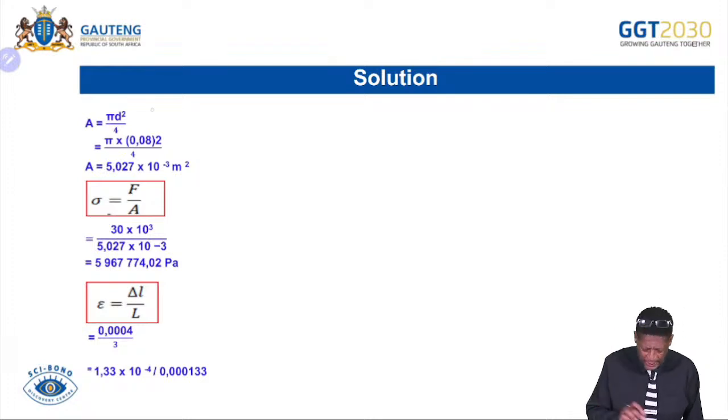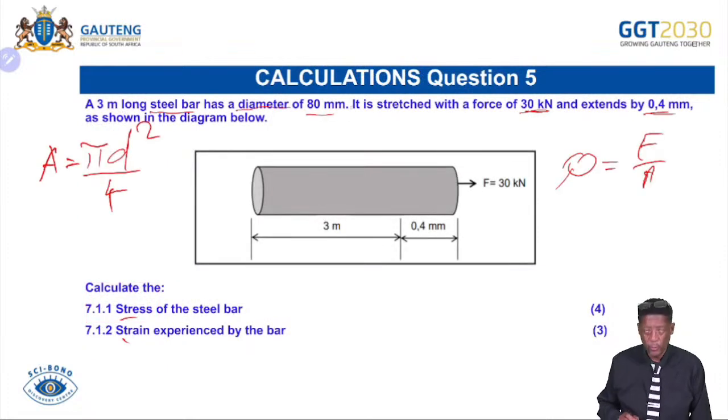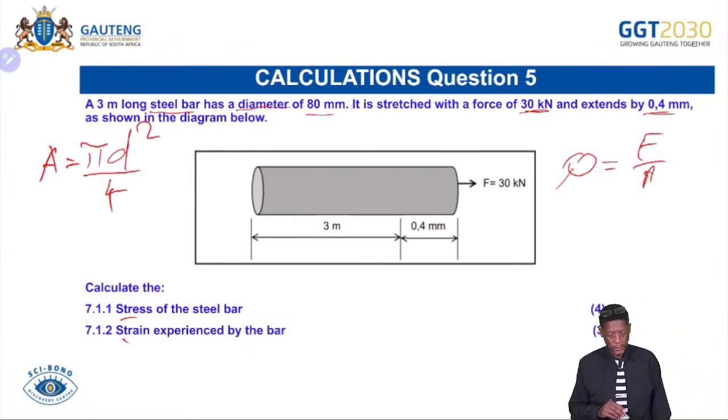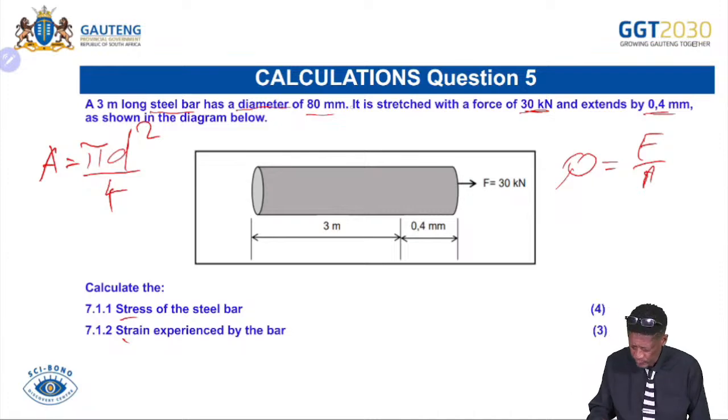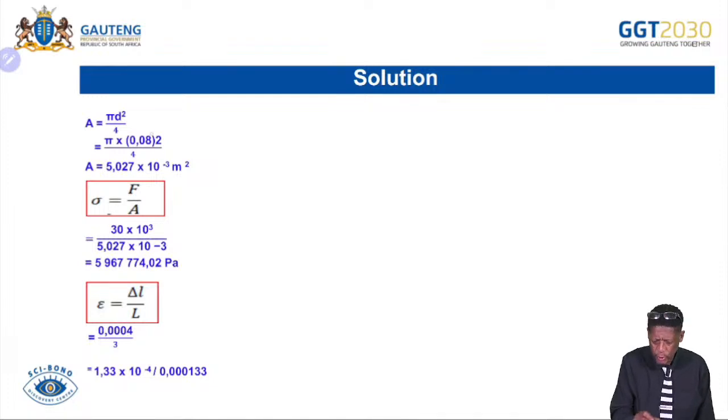We are given the millimeters here. We need to convert the millimeters into meters. So we divide by 1,000 to get 0.08. Don't leave the square there. Then you calculate and get your area.